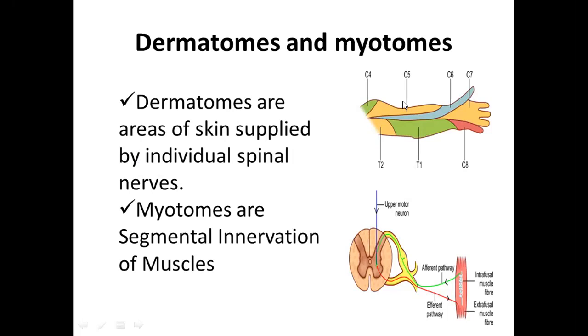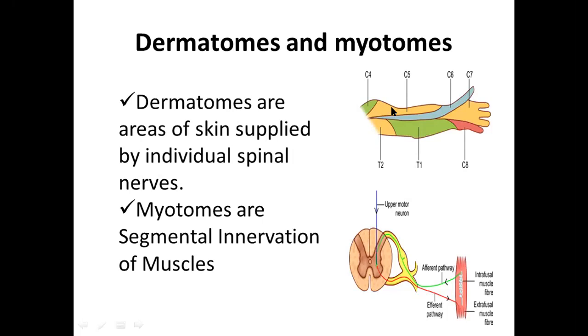So we can specify this area of the skin and call it the dermatome of C5. So dermatome means the area of the skin supplied by an individual or specific spinal nerve or spinal segment.